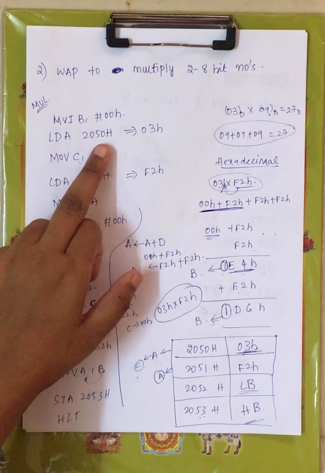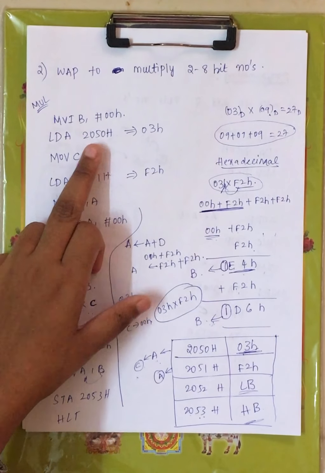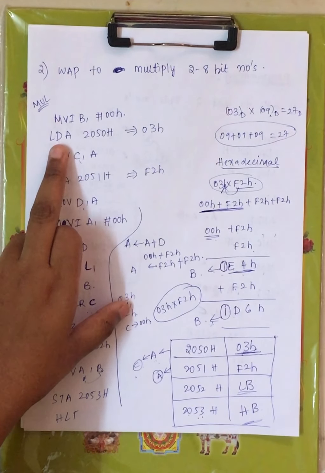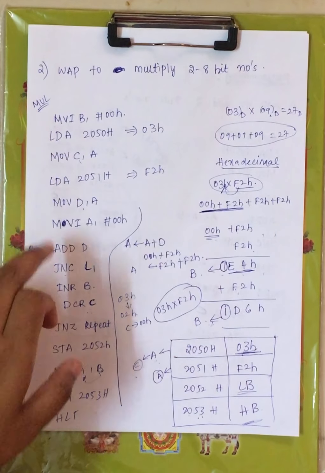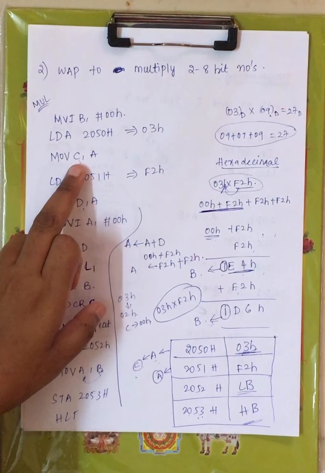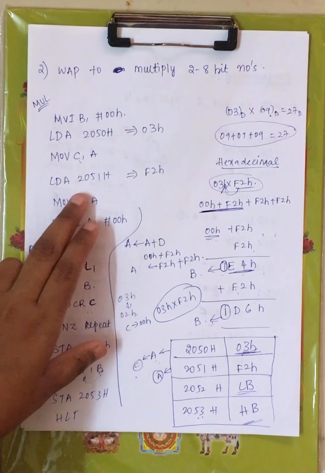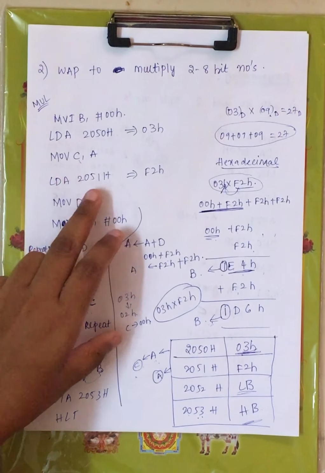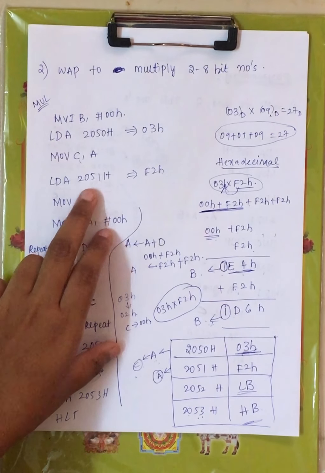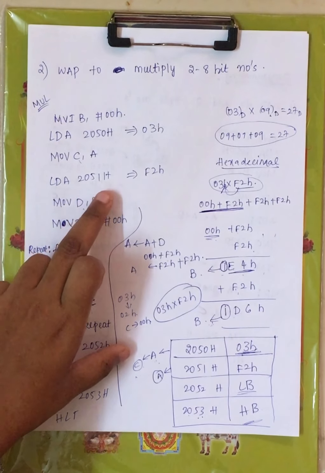Load accumulator 2050H. Now the contents of memory location 2050H are loaded to the accumulator, that is nothing but 03H, right? Now from the accumulator I have to move to C using the instruction MOV C, A, right? Now the second number is moved from the memory location 2051H to the accumulator using the instruction LDA 2051H.